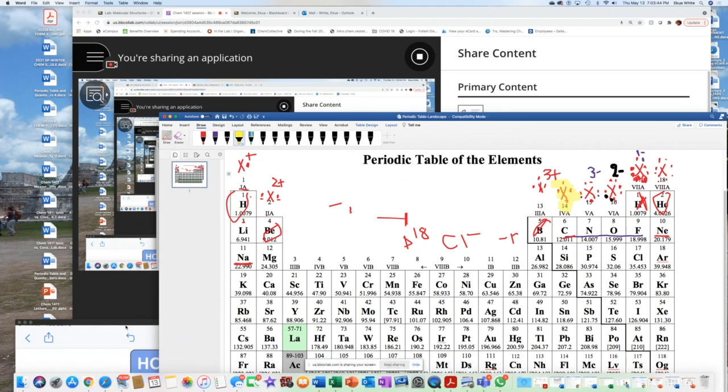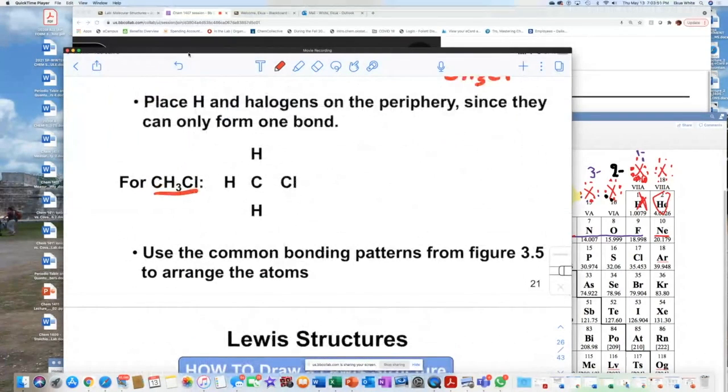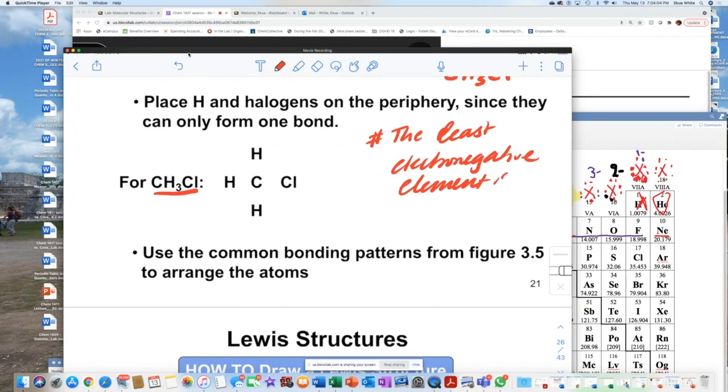Okay, so the official rule though, I'm going to paraphrase it right here: the least electronegative element is central. Okay?